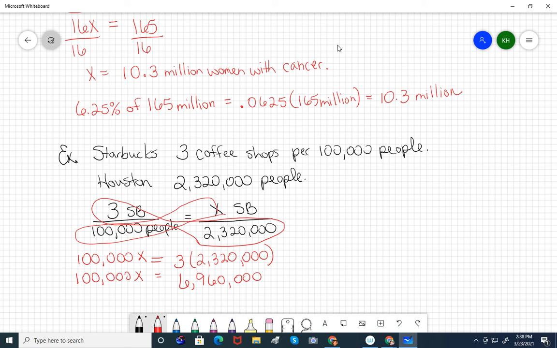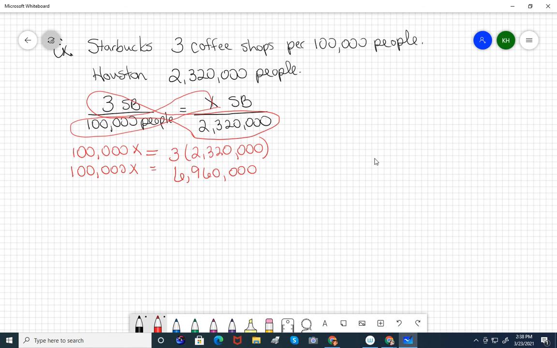Now we're ready to divide. So we're going to divide both sides by 100,000. And that comes out to be 69.6. So I would expect there to be about 70 Starbucks in Houston, Texas. I have no idea how close that is to right.